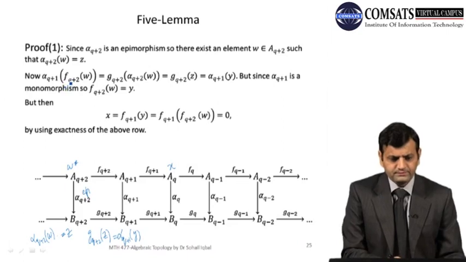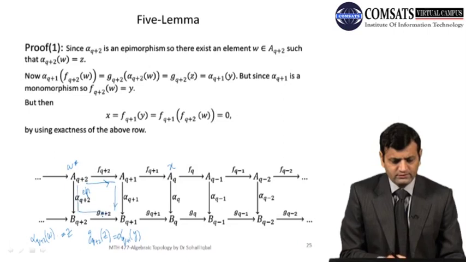Now consider this w and consider these two routes. First follow this route, and then follow the other route. So let's see what we get here. Apply f_{q+2} and then apply alpha_{q+1}, and then apply alpha_{q+2} and g_{q+2}.